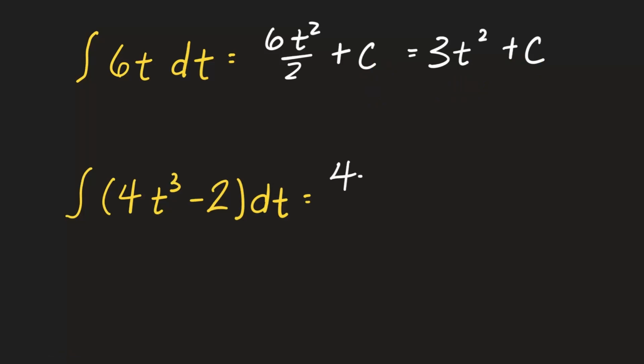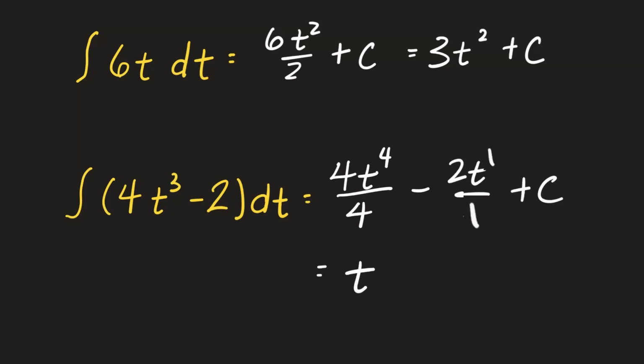Next, we're going to find the integral of this polynomial, 4t cubed minus 2, with respect to t. Once again, we're going to take this exponent of 3 and add 1 to that. We get 4 divided by the new exponent, which is 4. And then you'll notice that next to this 2, there's no variable. So it's the same thing as t to the power of 0, because anything to the power of 0 is 1.